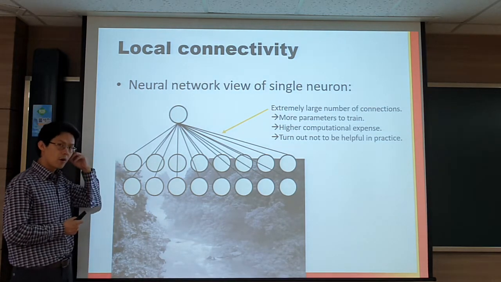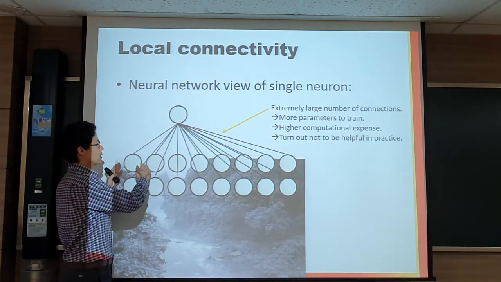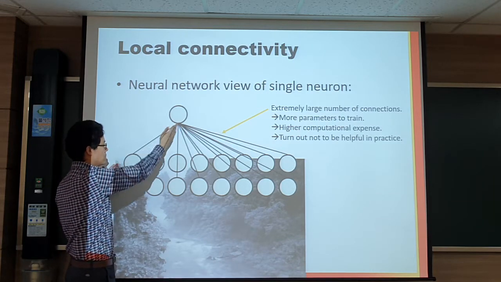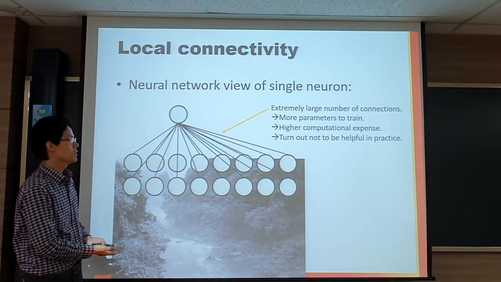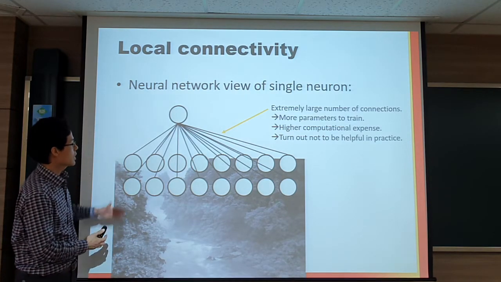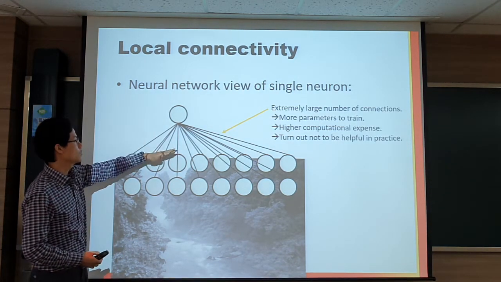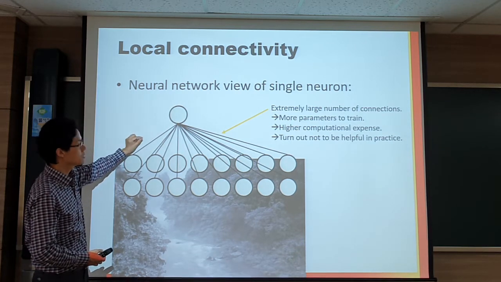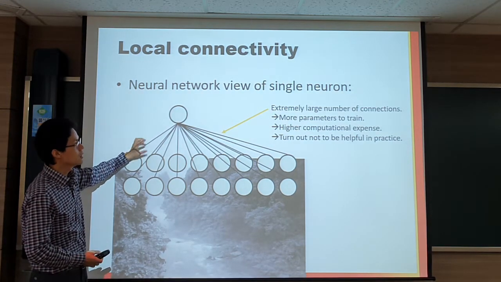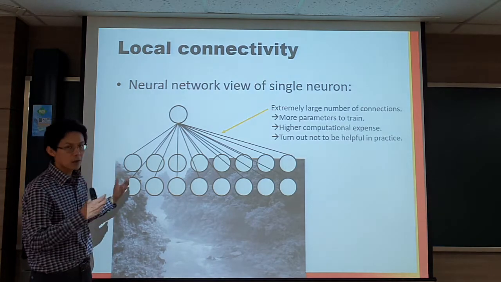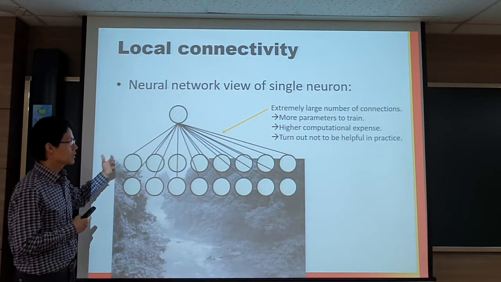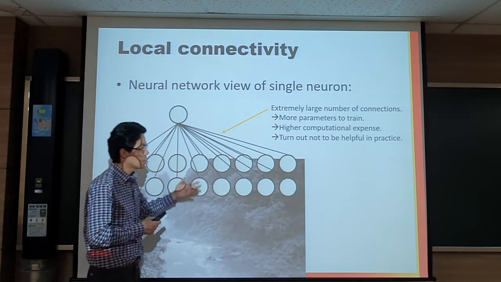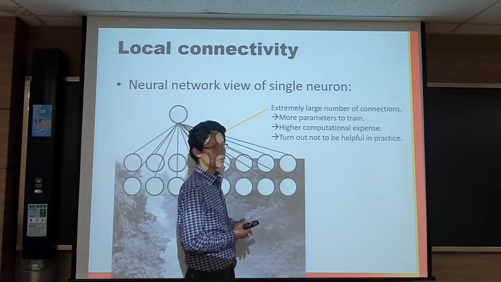One simple approach is that we can extract the high level feature out of all the pixels in the image, right? But if we use this approach, it might require a lot of connections here. And for each connection, we need to associate some sort of weight parameter, right? Then it means that we need to use a lot of weights, right? Obviously, we can try this one, but it turned out to be not that useful in practice.